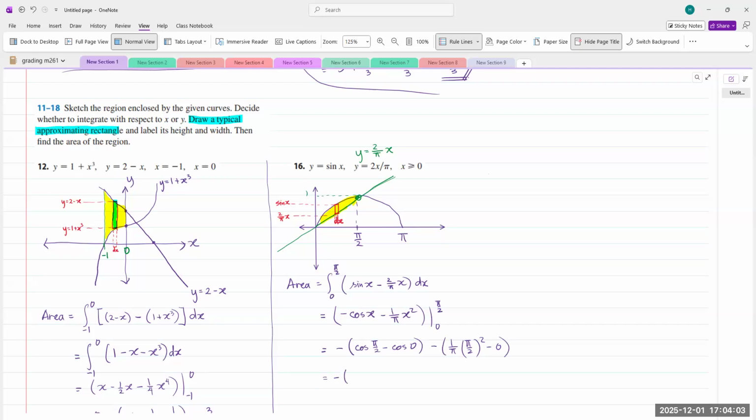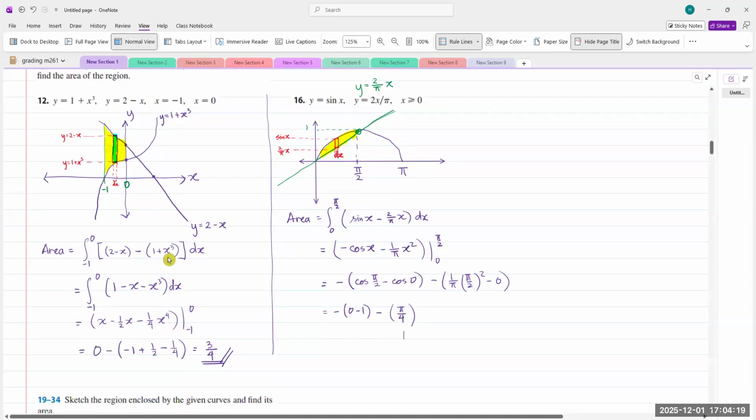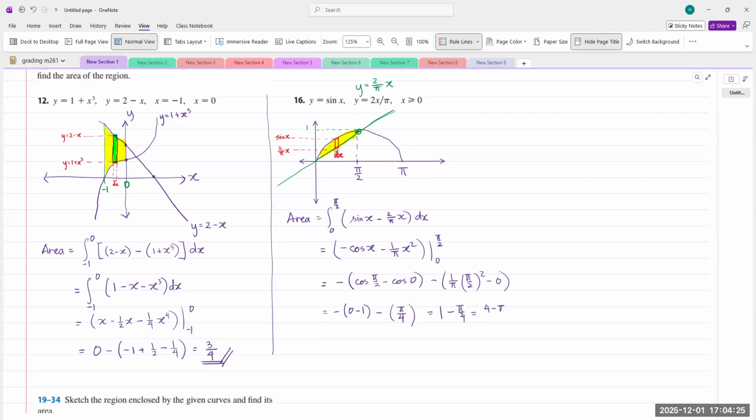This will be negative of 0 minus 1 minus pi over 4. I believe so. Pi squared over pi, that's pi. So this will be 1 minus pi over 4, that's 4 minus pi over 4. That's the area.